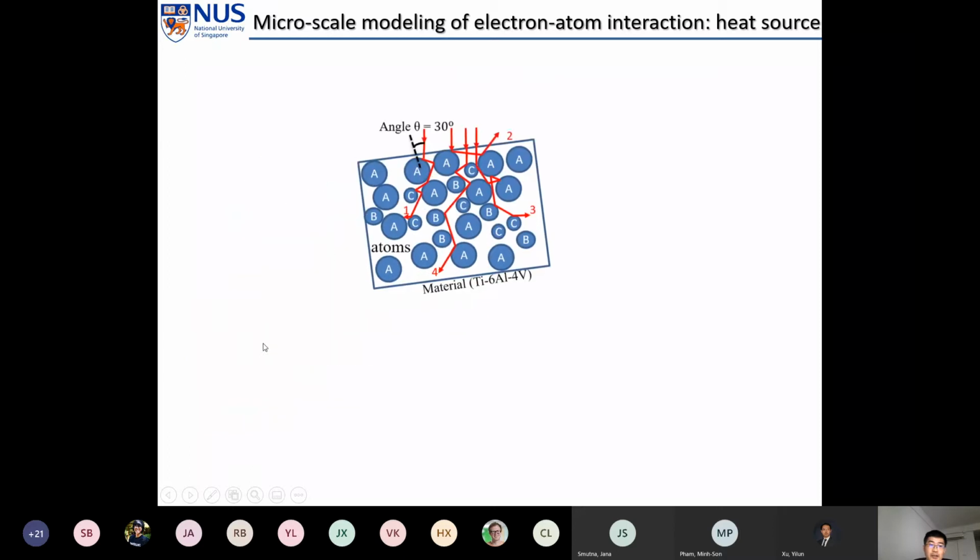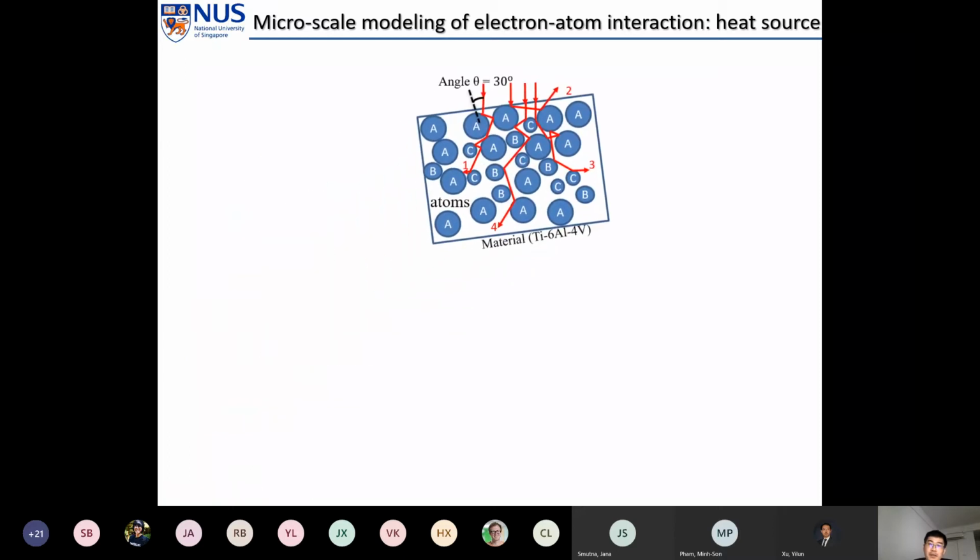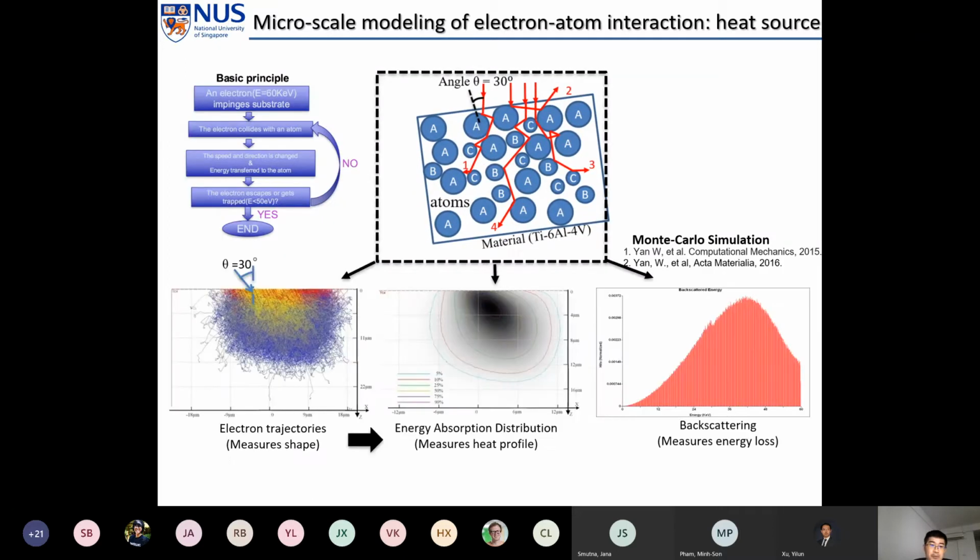So we simulate millions or tens of millions of electrons impinging into the material, colliding with the atoms. So we record the trajectory of each electron and record the absorbed energy at different locations. And also we track the backscattered electrons and the energy they bring away.